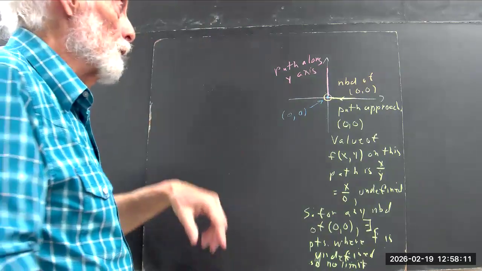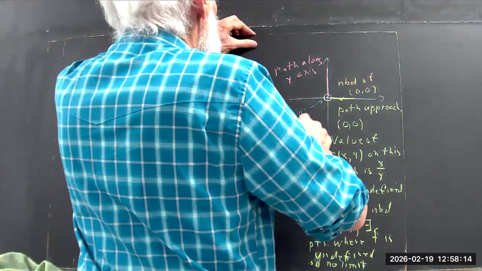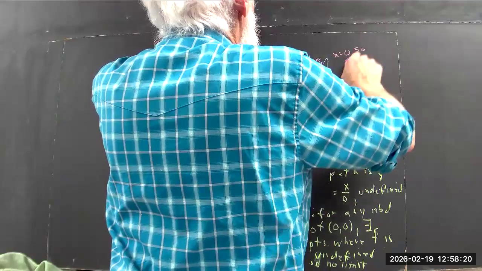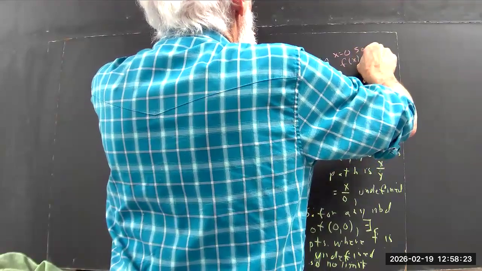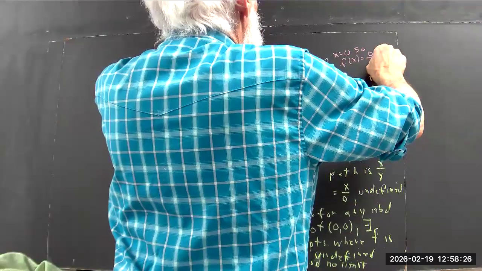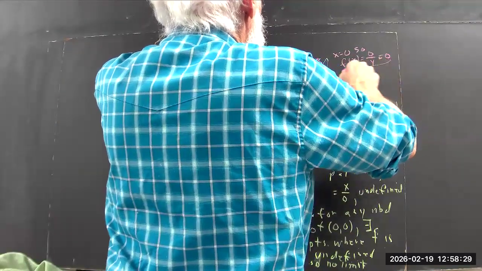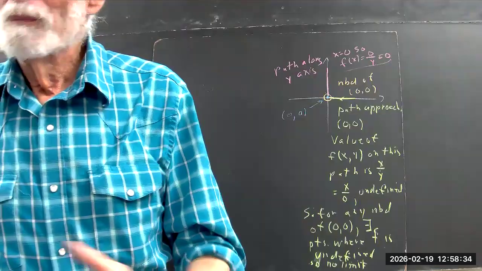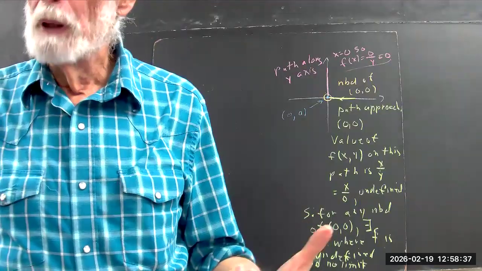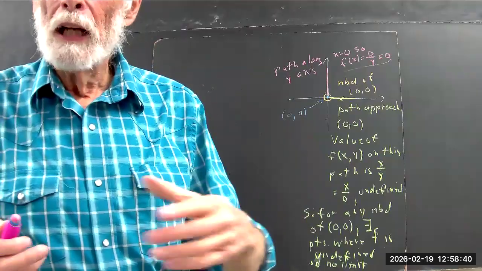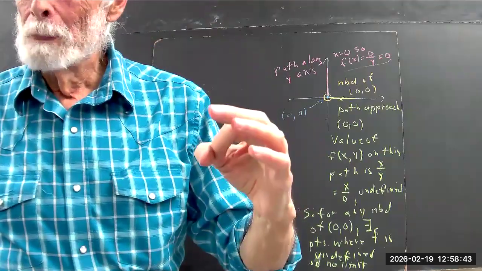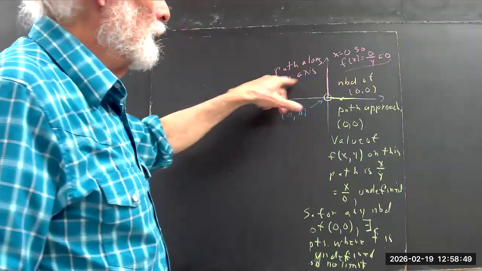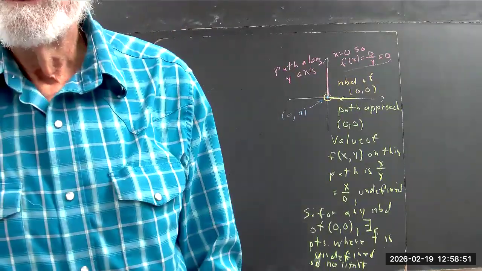So f of x,y equals x over y equals 0. Now that path doesn't include the origin. You can't include the origin on any path because you're only concerned with what happens in a neighborhood of that point, not at that point.